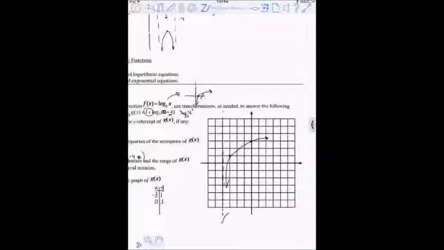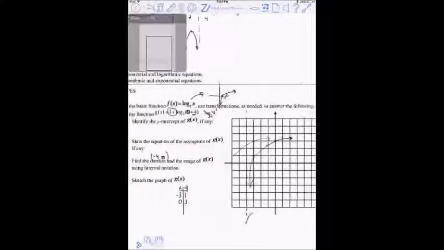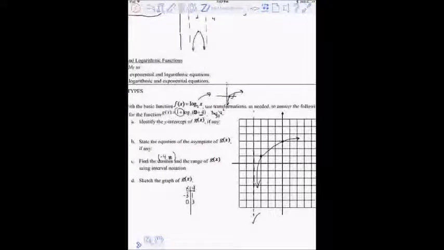The range, you can tell by the graph, here it goes down to -infinity. And on the right side, it's going to continue to go up and up and up, eventually to positive infinity. So the range is -infinity to infinity.